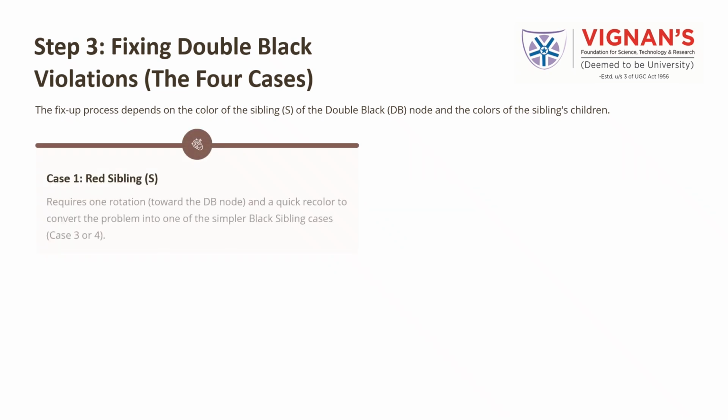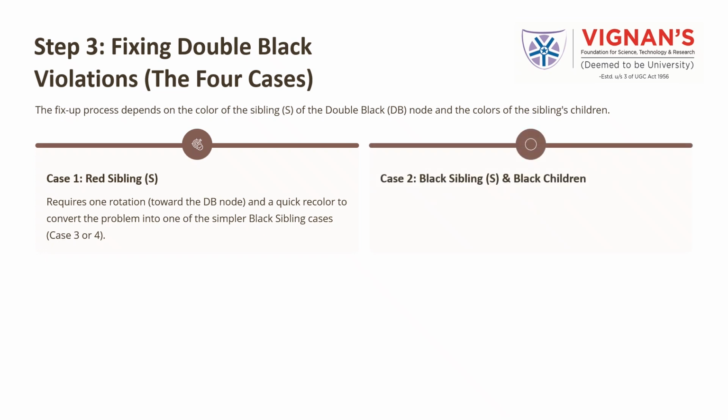If the sibling of the double black node is red, we first perform a rotation toward the double black node. After the rotation, the colors of the parent and sibling are swapped. This step does not eliminate the double black immediately, but it converts the situation into one of the black sibling cases, making it easier to handle in the next step.